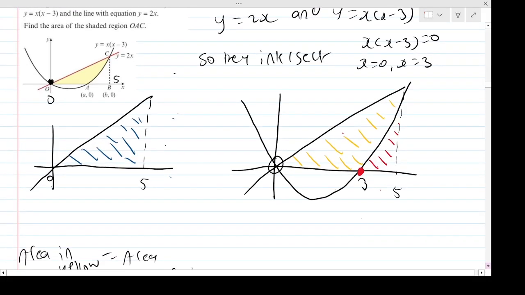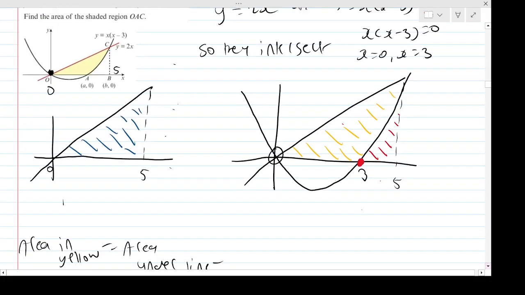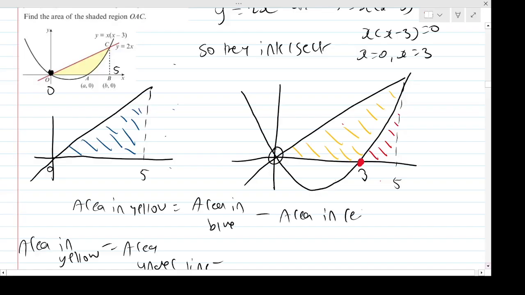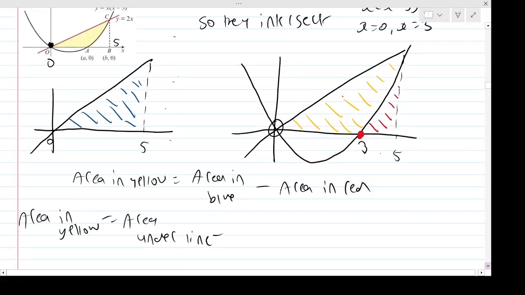So again, in summary, the area in blue is going to be the area in yellow and red combined. But I want the area in yellow. So the area in yellow is going to be area in blue, take away area in red. Hopefully that makes sense with the visualization of the areas I'm considering.